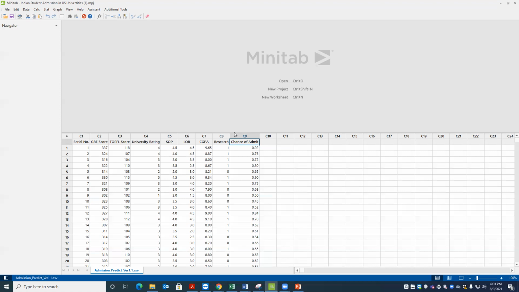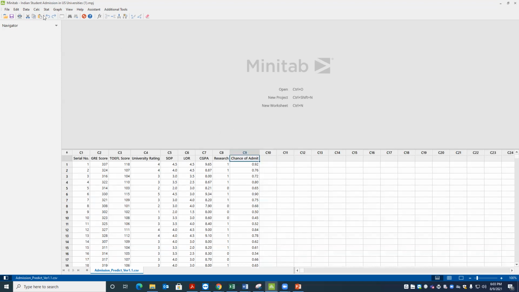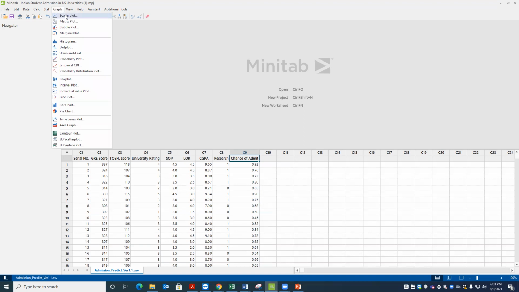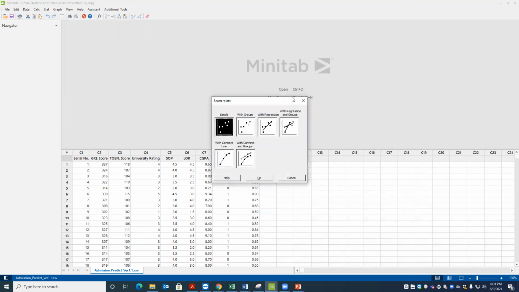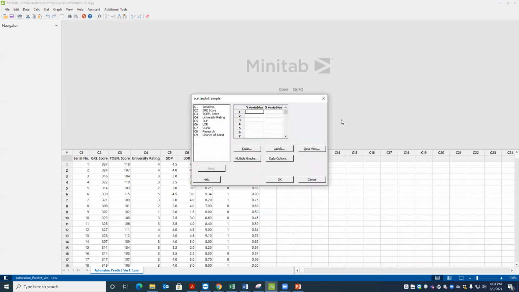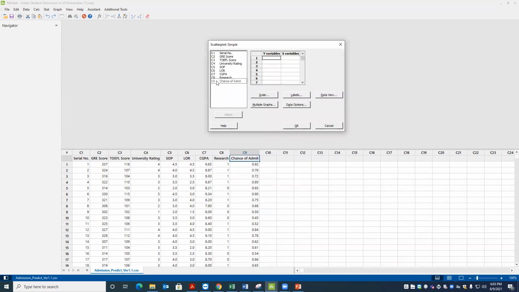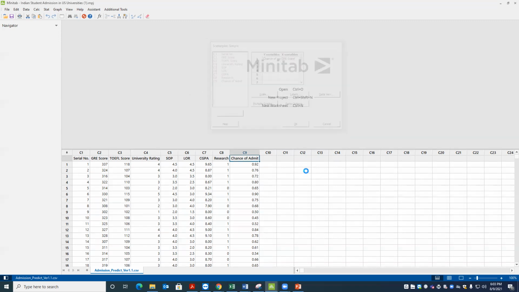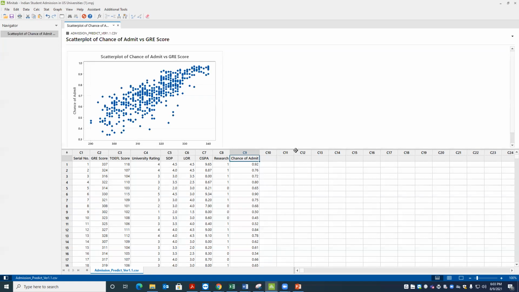So first thing first, let me plot the graph, a scatter plot. The Y variable is chance of admission, and the X variable is, okay, now I'm just going to do it the other way.